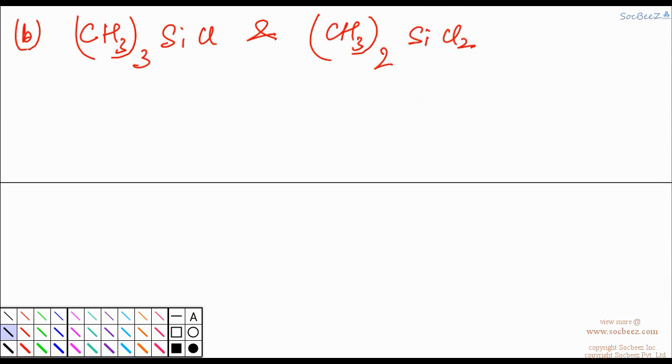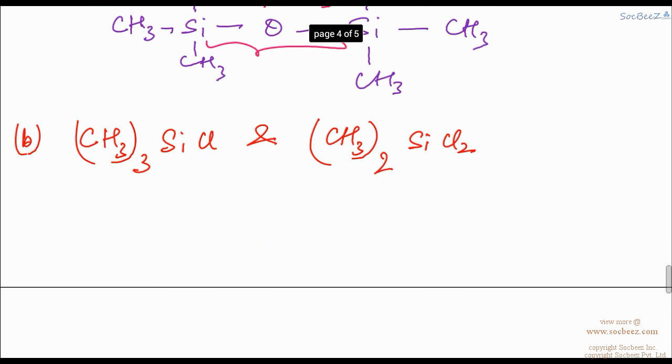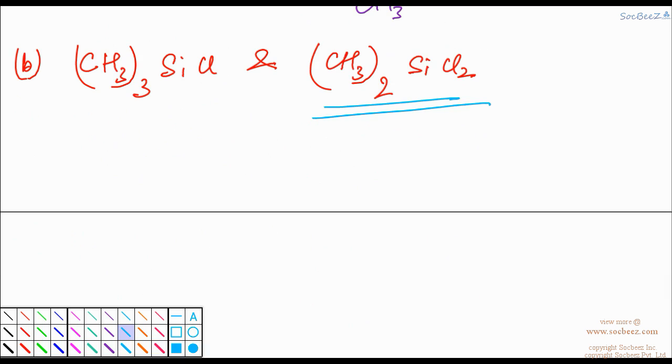When we hydrolyze this mixture, similar to this, Cl would be replaced by OH. Here also Cl is replaced by OH, but there would be two OH groups. So this forms the middle element, and this forms the end.